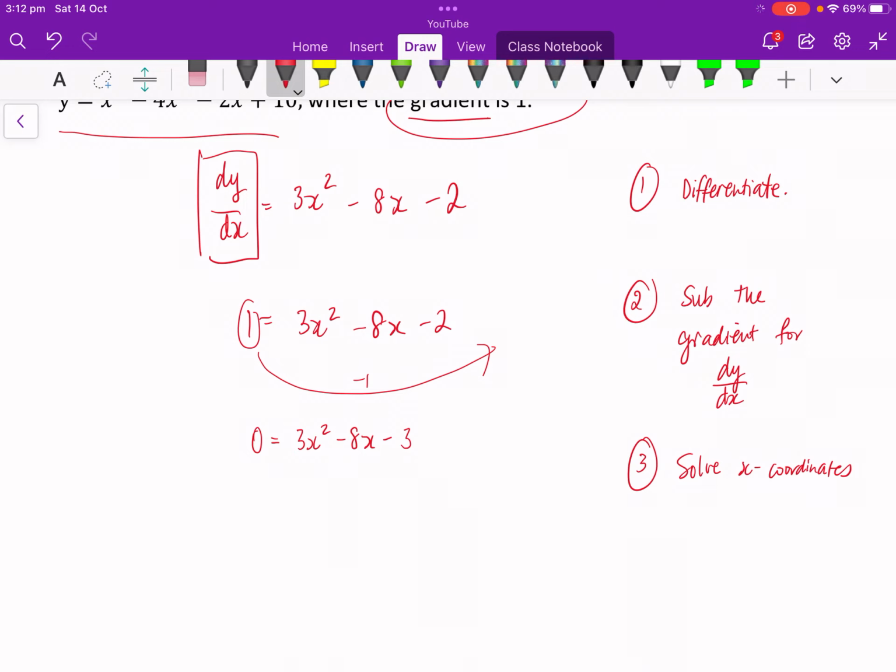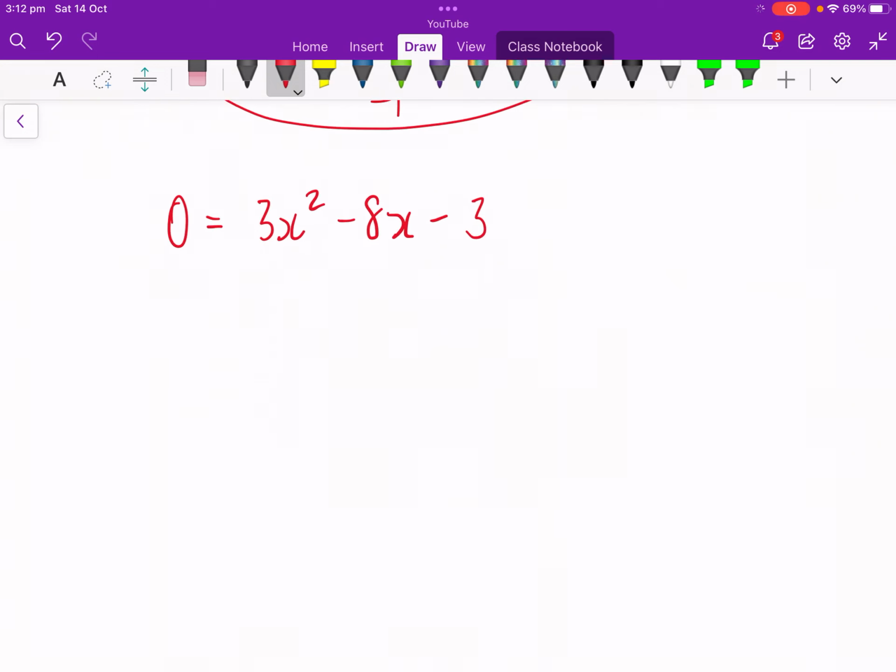Now, to factorize a non-monic quadratic, let's look into this. The way you do this is you multiply the first and last coefficients or terms. 3 times 3 is 9. You want two numbers that multiply to equal negative 9, by the way, because there's a negative in the front. If it was a plus, it'd be positive 9.